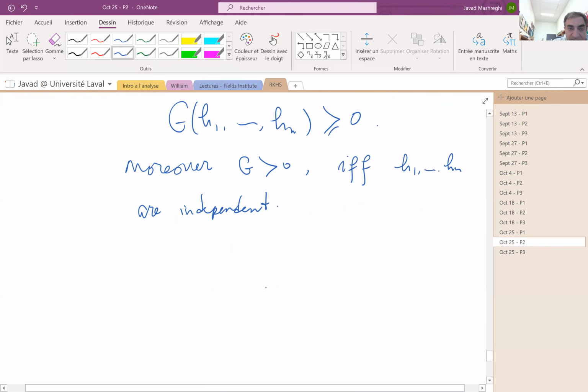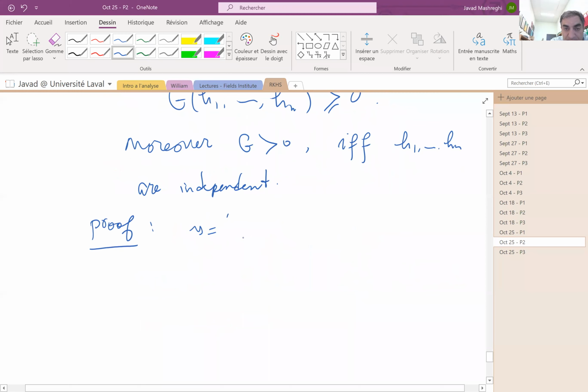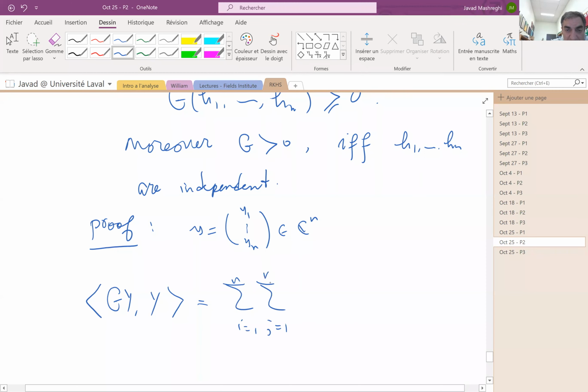The proof is very straightforward. We can take y1 up to yn in Cn, n elements, and ask what is G of y and y. Well, we know what it is: the sum over i and j.